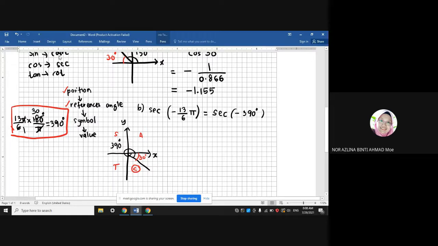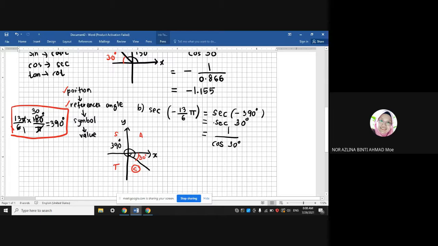Ini negative angle. Yang ini nilai positif bagi trigo. So 1 over cos. Cos berapa? Cos 30 degrees. Sebab ini secant negative 390, dia sama juga dengan secant 30 degrees. Okay, secant negative 390 equal to secant 30 degrees.